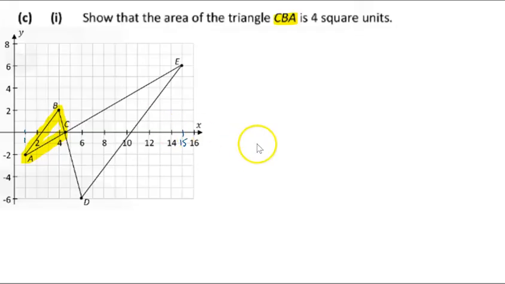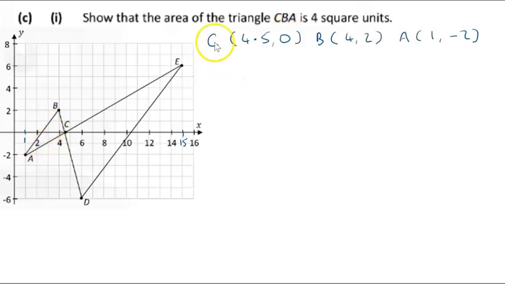So we have to translate our triangle so that one of the points is 0, 0, and then we can use the formula for area in our formula book. So we write out the 3 points. C is 4.5, 0. B is 4, 2. And A is 1, minus 2.